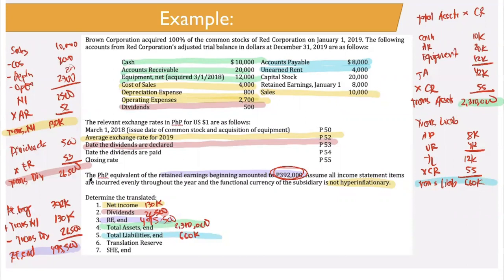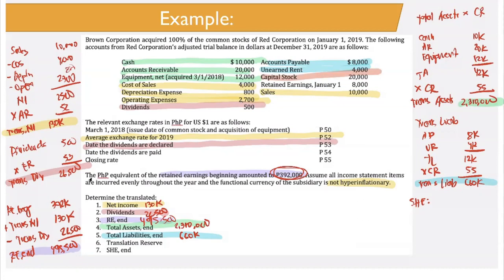Next, we compute for your translation reserve and your shareholders' equity end. First we compute for our shareholders' equity. Our capital stock should be translated using our historical rate.